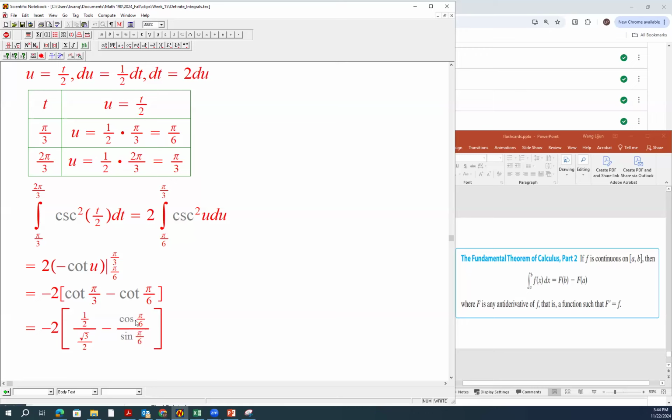And so this whole part is 1 over root 3.